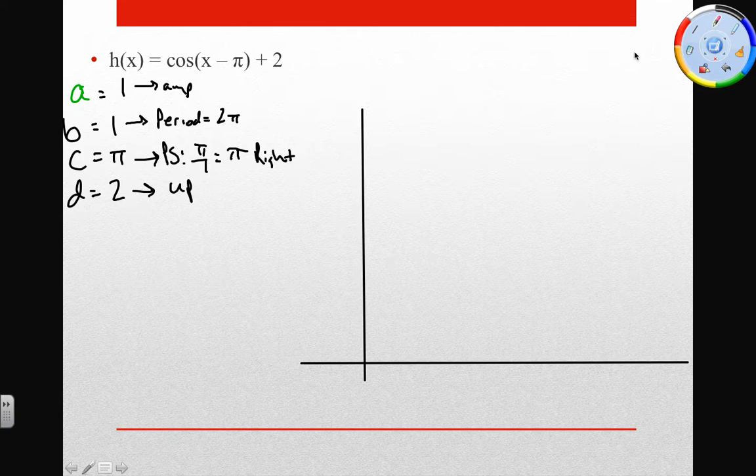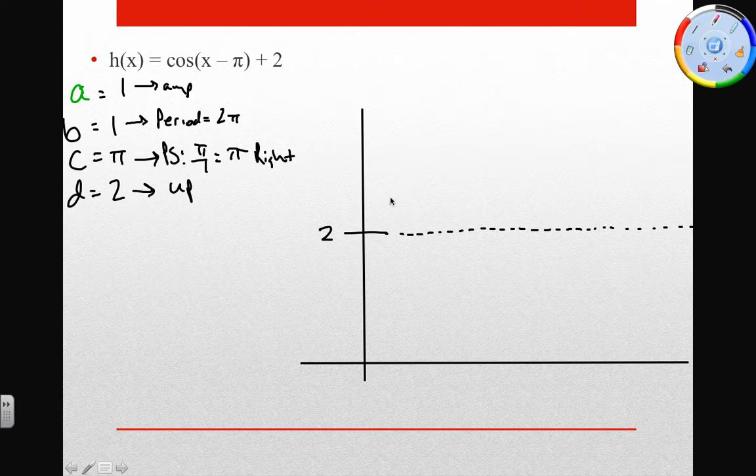Now, here's what I have people do for this particular graph. Because we need to go up 2 units, you call that 2. What I do is I have people draw in a little dashed line that's not technically there, but it's a guide because I call this my new x-axis.